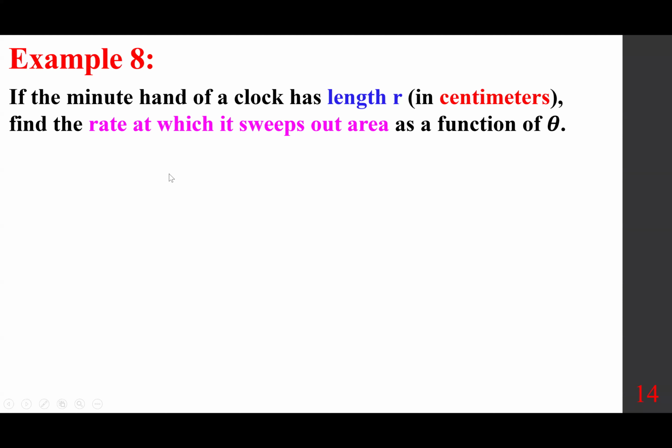If the minute hand of a clock has length r in centimeters, find the rate at which it sweeps out area as a function of theta.